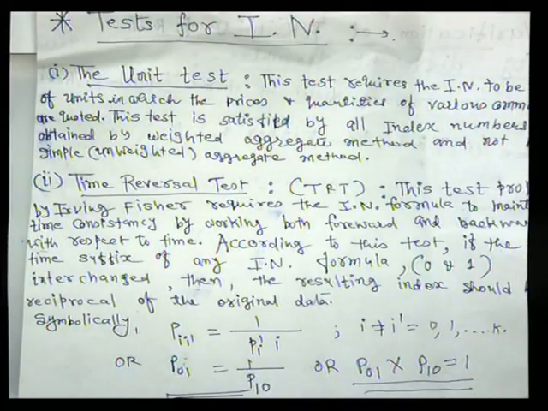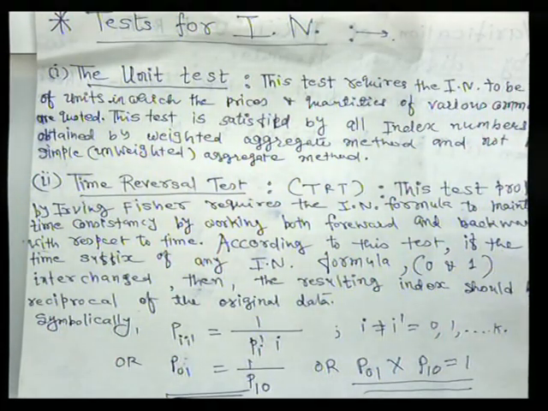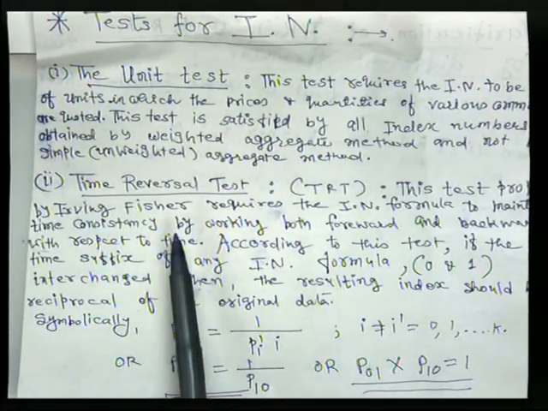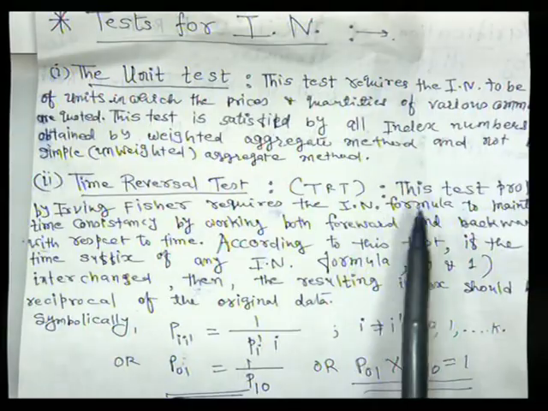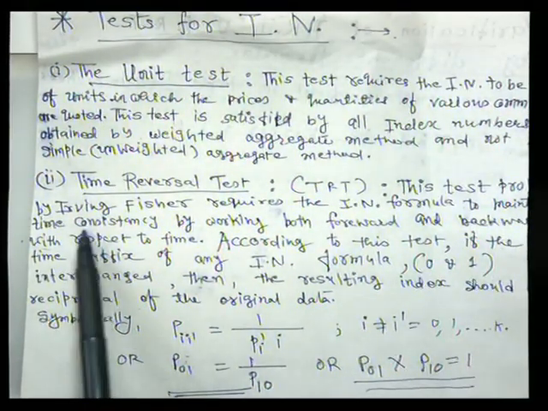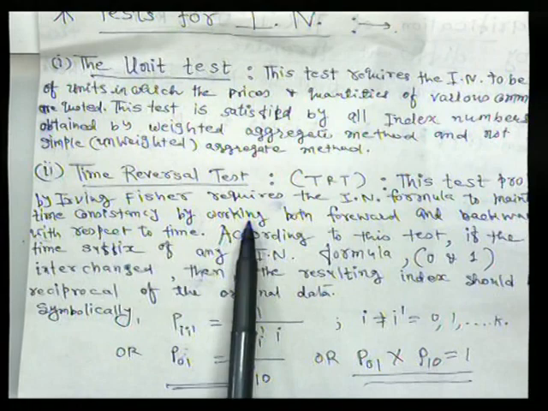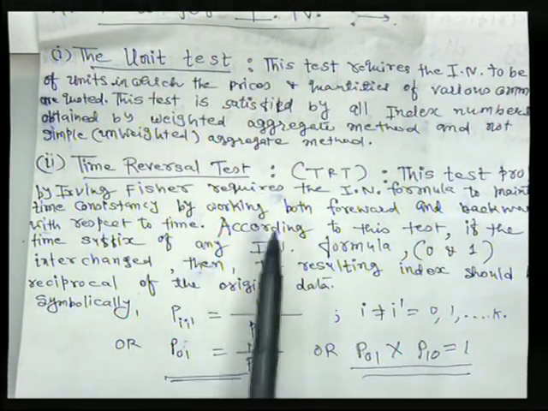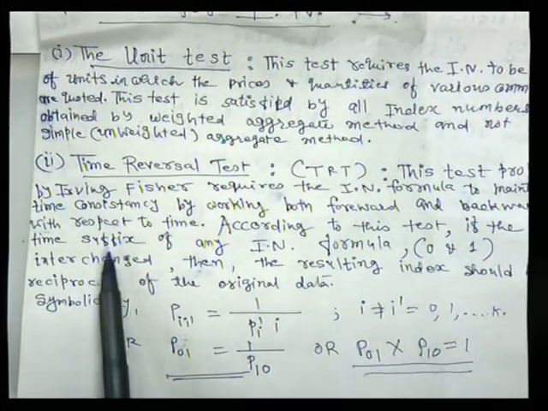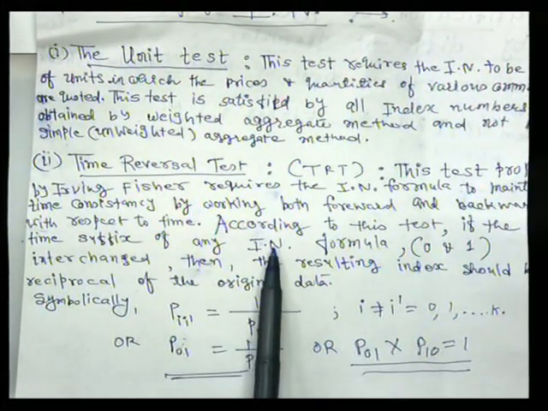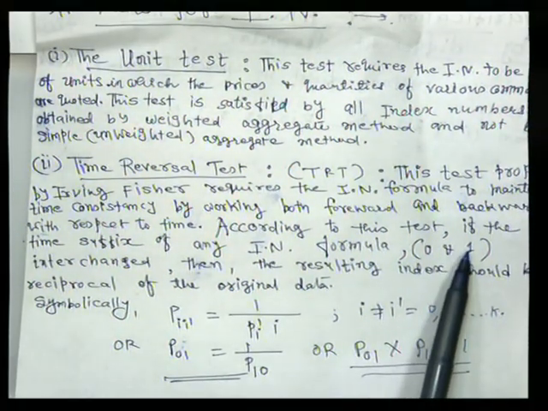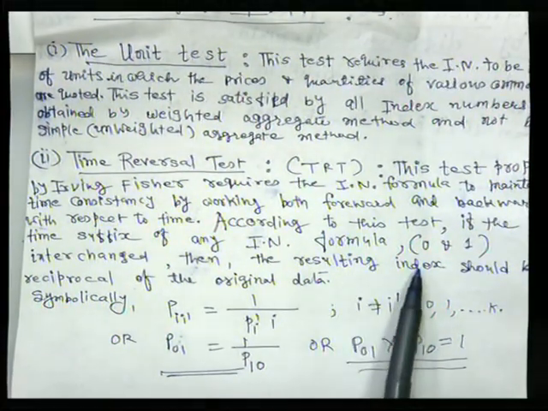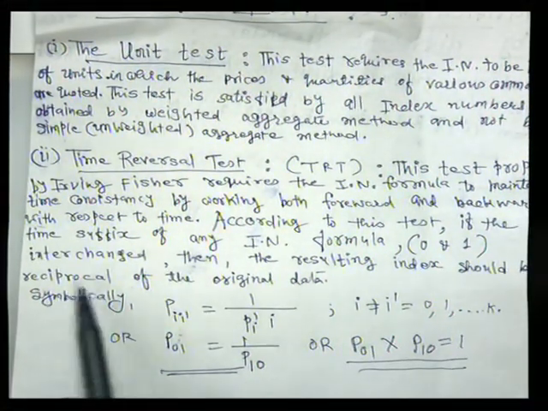After completing the unit test, we go for number 2, which is very important but simple, the time reversal test. In short, we call it TRT. This test, proposed by Irving Fisher, requires the index number formula to maintain time consistency by working both forward and backward with respect to time. According to this test, if the time suffixes 0 and 1 of any index number formula are interchanged, then the resulting index should be the reciprocal of the original.